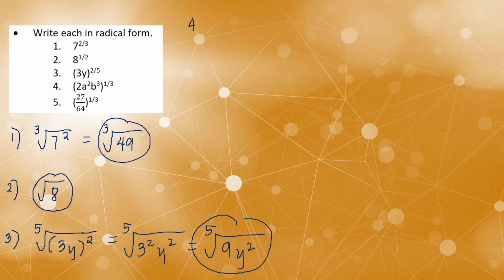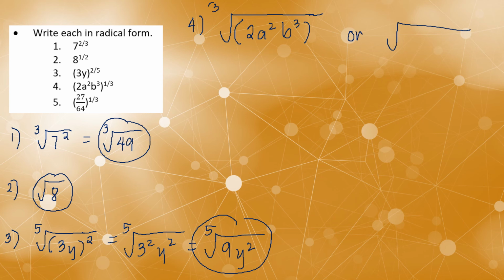Let's have number 4. For number 4, we have 2a squared b cubed quantity raised to 1/3. In radical form, that is the cube root of 2a squared b raised to the 3rd power, or cube root of 2a squared b cubed.